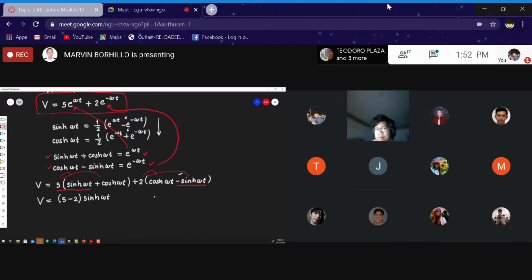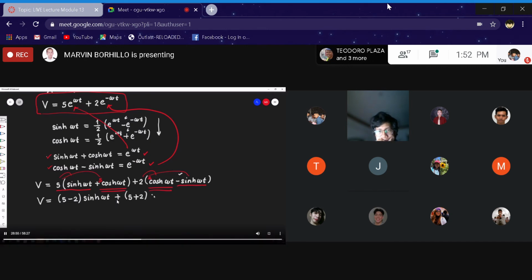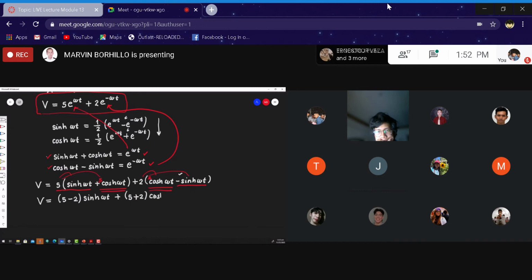At yung next, itong this part na mayroong 5 yan. And this part na mayroong 2 plus naman. Plus 5 plus 2 times hyperbolic cosine of omega t. So then, ito ay magiging, itong part na to is 3.